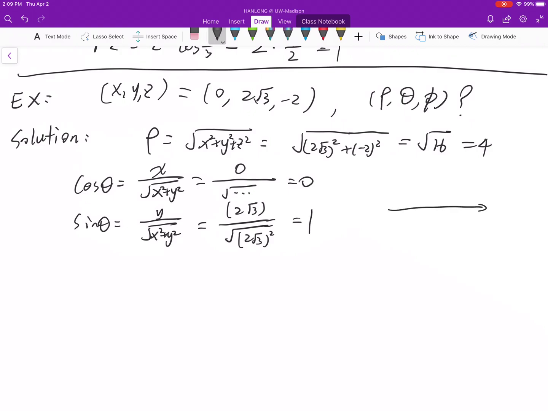And then if you draw the picture, the point corresponding to cosine theta is 0, sine theta is 1, is this point with coordinate 0 and 1.